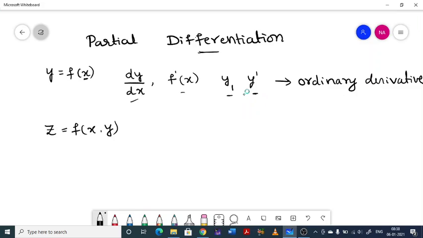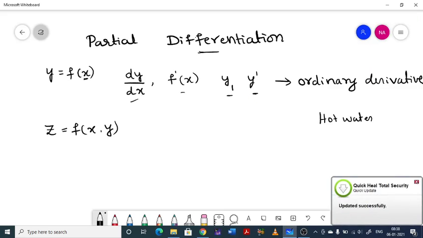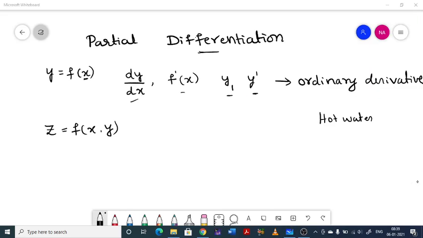Suppose you want a glass of hot water. Hot water will be an output, or you can take that as the dependent variable, and the independent variable is cold water. So we'll take cold water, then boil it, we get hot water. So this you can treat as x and this you can treat as y.